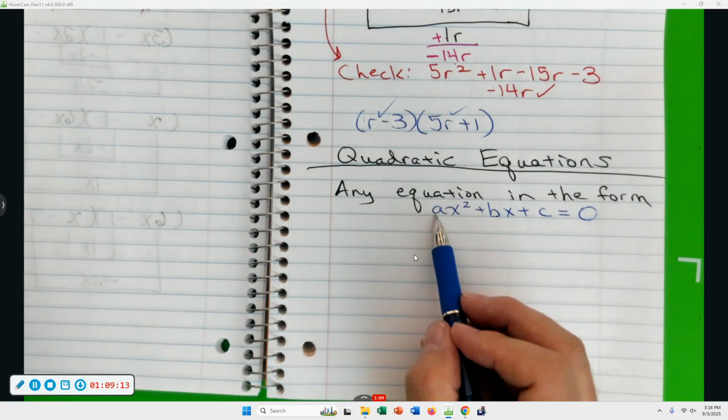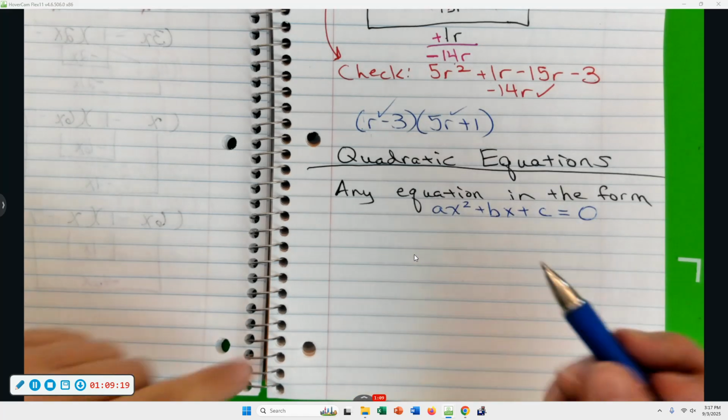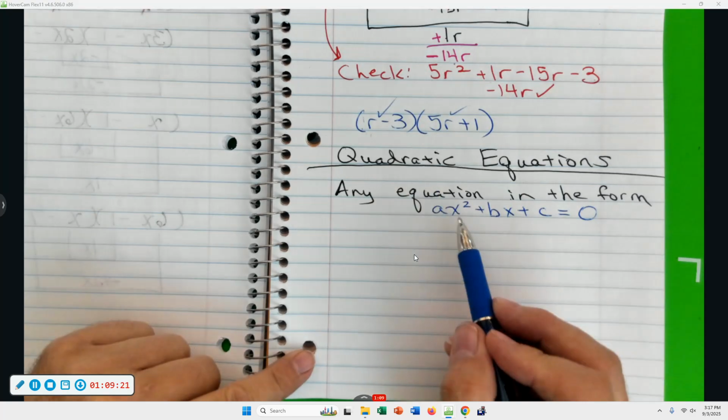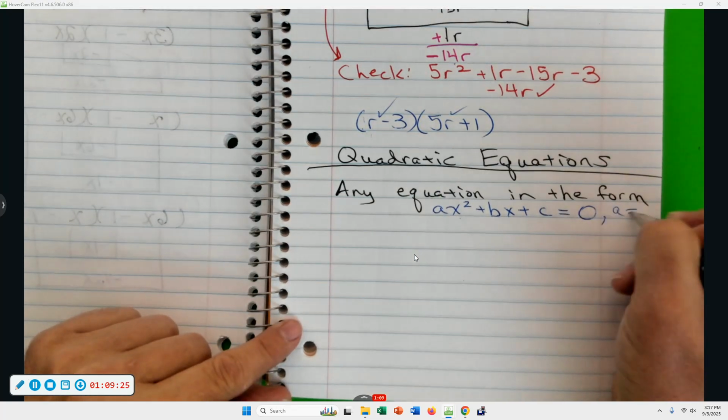If a were 0, 0 times x squared would just be 0. You wouldn't have an x squared. In order to be quadratic, you must have an x squared term. That means a cannot be 0.